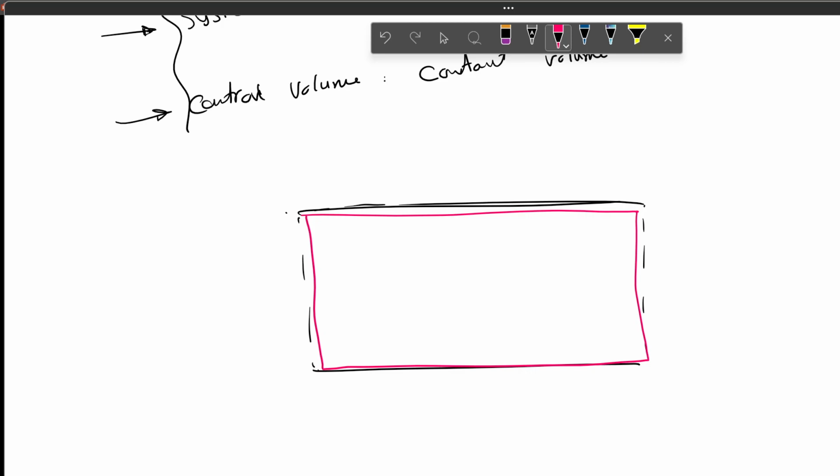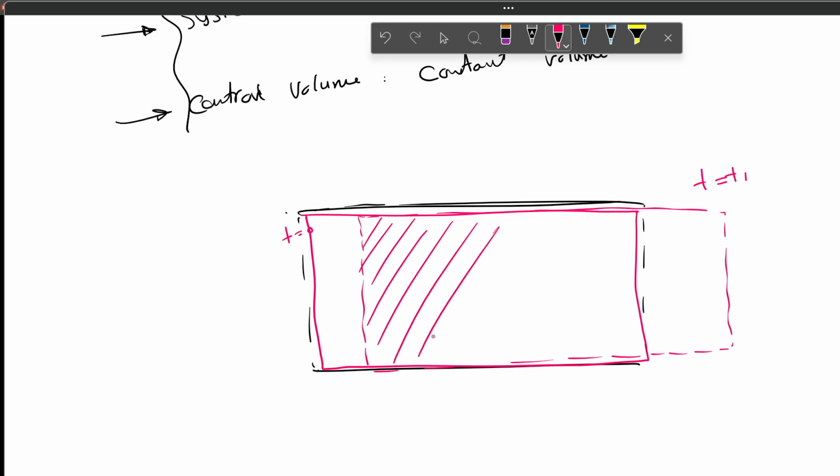It moves. So time 0, time t1. Then you want to find out how much of that system is still present in your control volume, meaning this part of it.